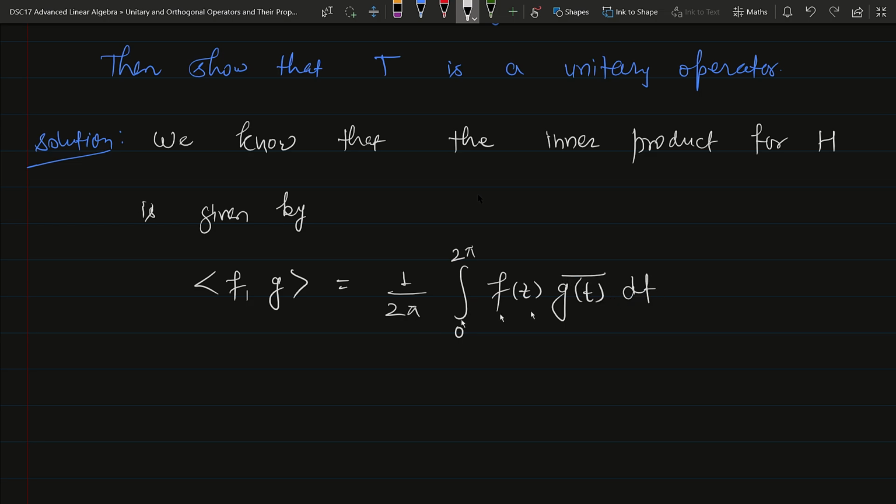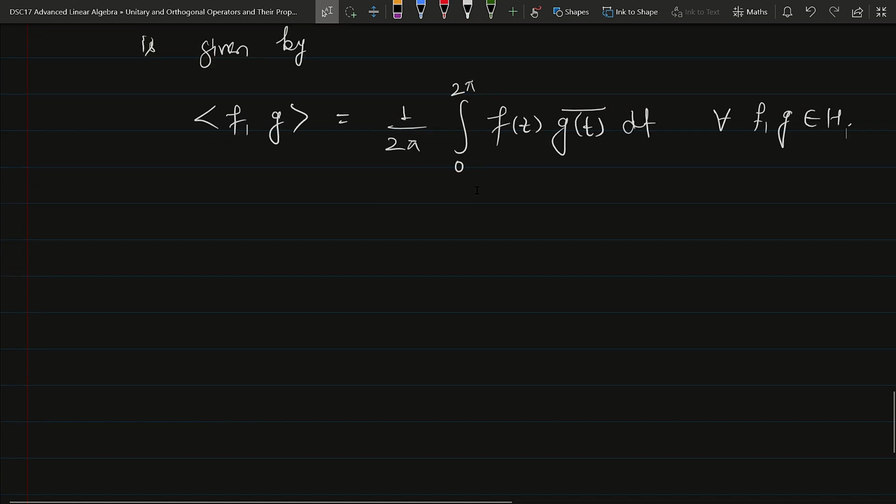So you need to take the complex conjugate of the second component of this inner product for all f and g in H, right? क्योंकि अगर हमें नॉर्म आइडेंटिफाई करनी है तो हमें इनर प्रोडक्ट के बारे में पता होना ही चाहिए, ठीक है?